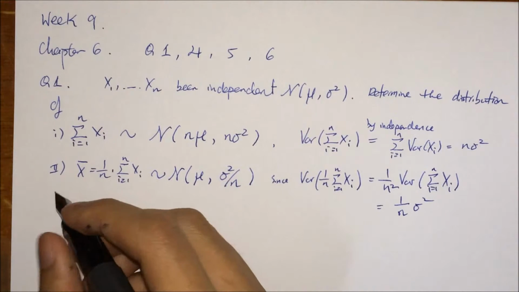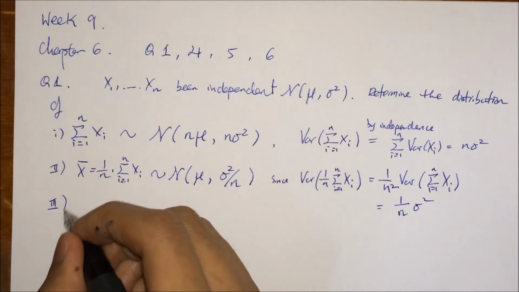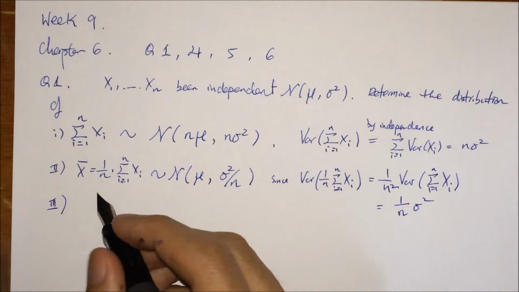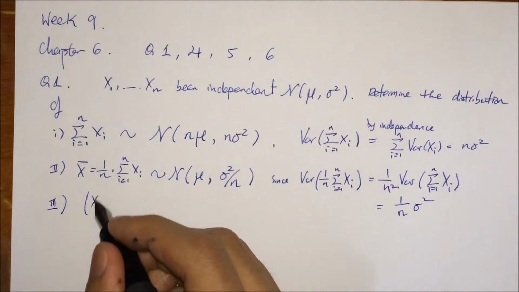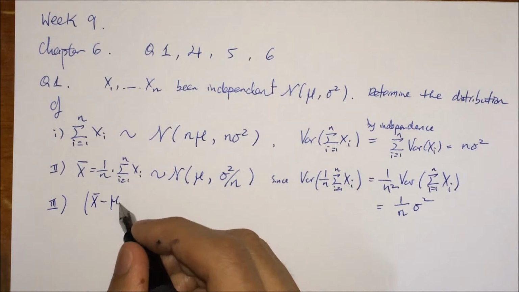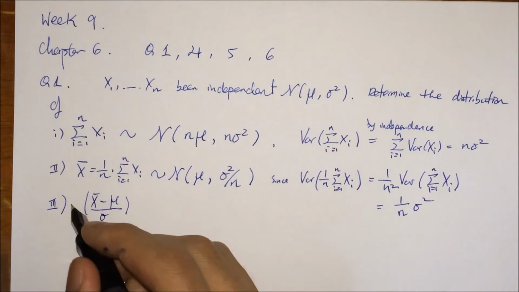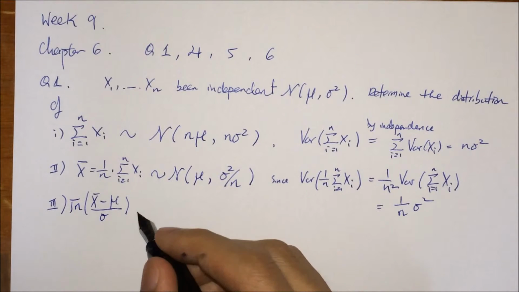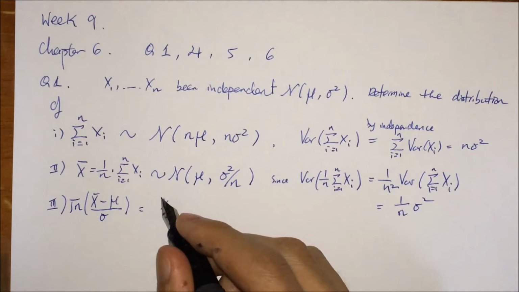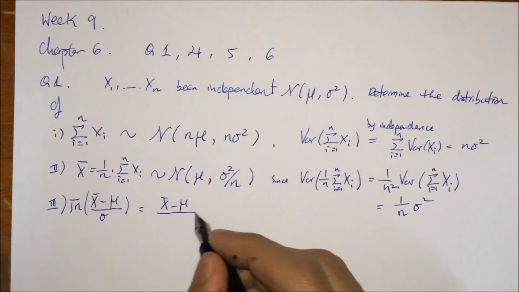Okay, so let's go on to the third one. The third one we have x bar minus mu divided by sigma multiplied by square root n. I'm just going to rewrite that, and from that you will quickly see what the distribution of this is.